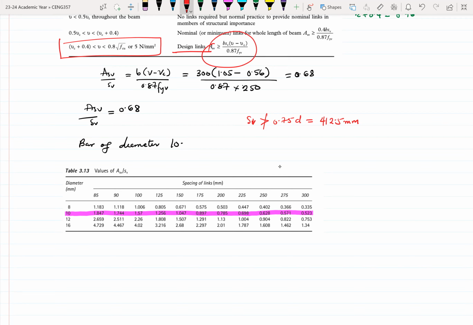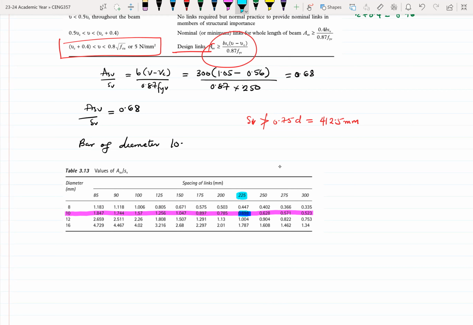Let me just see what I went with. So let's choose this option here, which is 0.98.